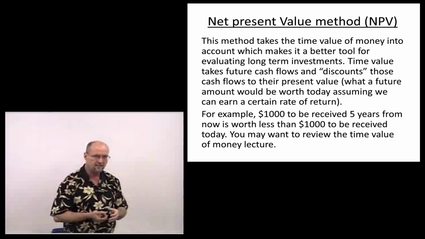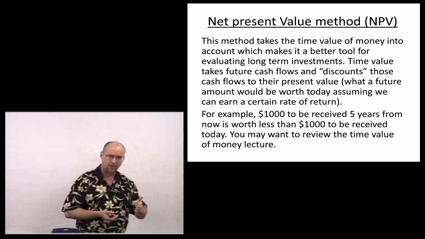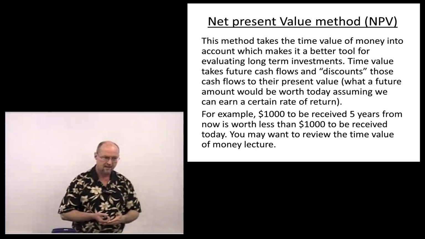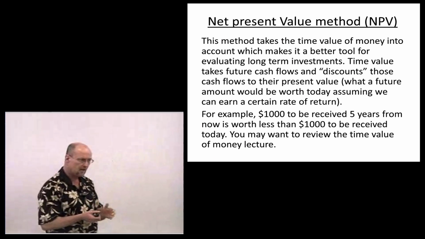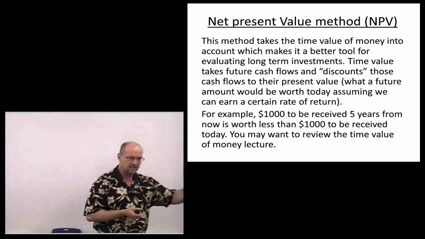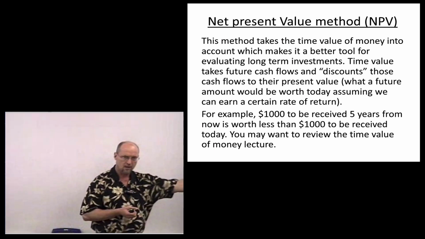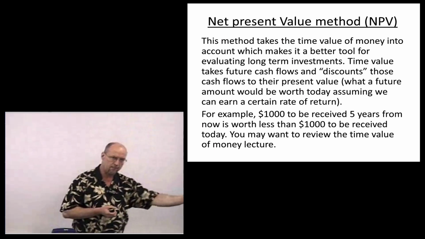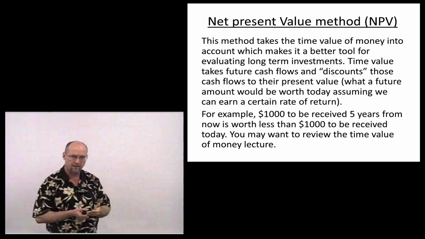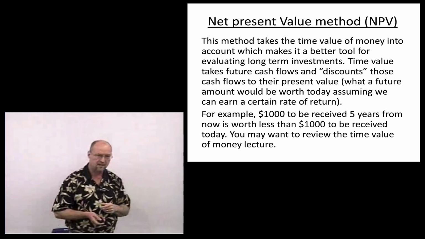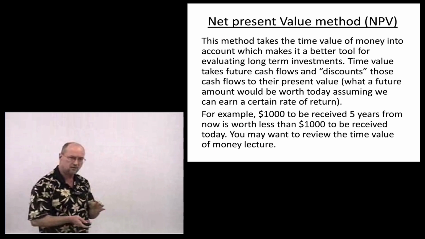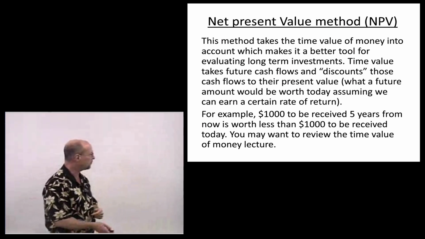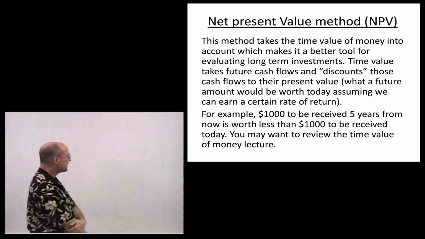But you can figure out the exact amount by discounting it back 3 periods. That's the whole concept with time value. The further out you project cash flows, the less those future numbers are worth today. We're going to see examples of how we factor this into our decision-making process.